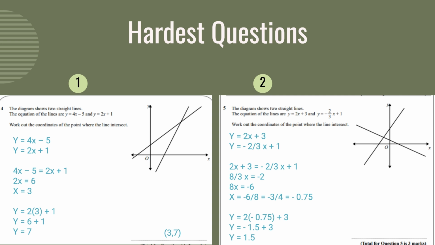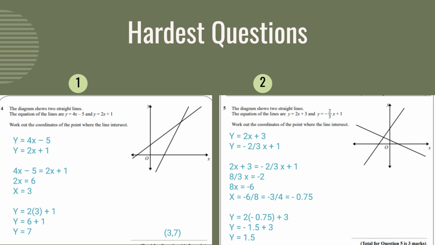We simplify that down and we get 8 over 3 of x equals negative 2. Now we times by 3 to get rid of the denominator, so they're both whole numbers, so we get 8x equals minus 6. Therefore x equals negative 6 divided by 8, which is negative 3 divided by 4, which is negative 0.75.